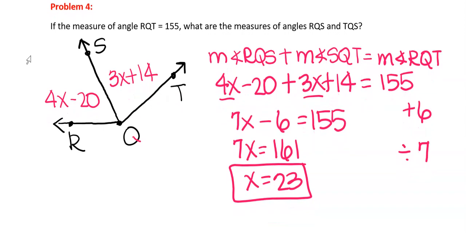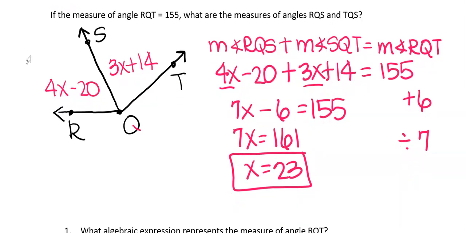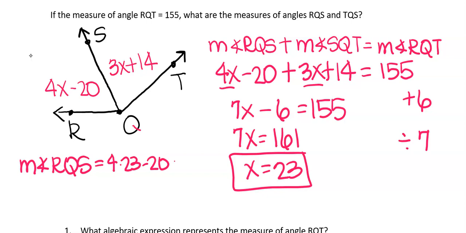Now it says, what are the measures of angle RQS and TQS? RQS would be 4 times 23 minus 20, which is 72.